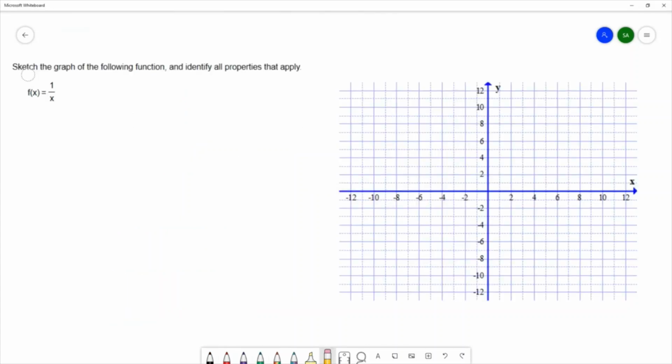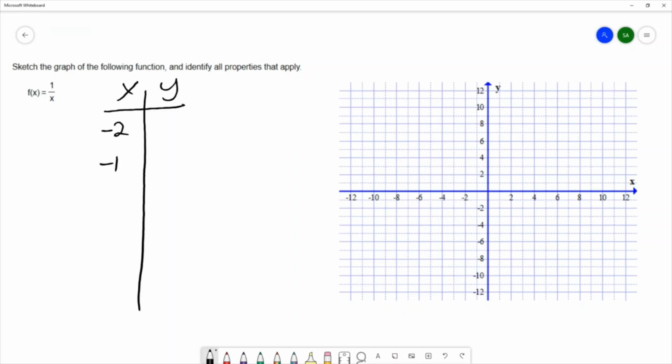For this question, we want to sketch the graph of this function and identify all the properties that will apply. Our function is f of x equals 1 over x, and I'm going to graph this by plotting points. My standard set of points include -2, -1.